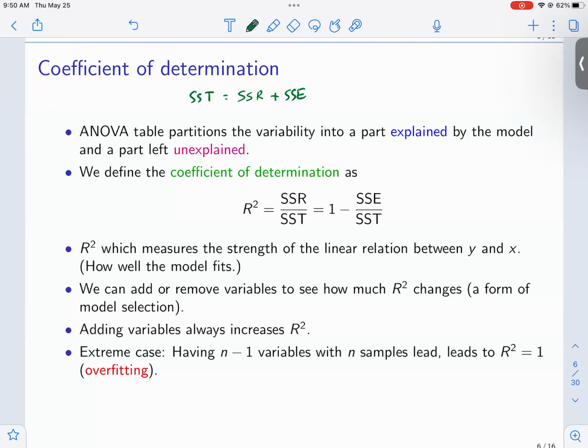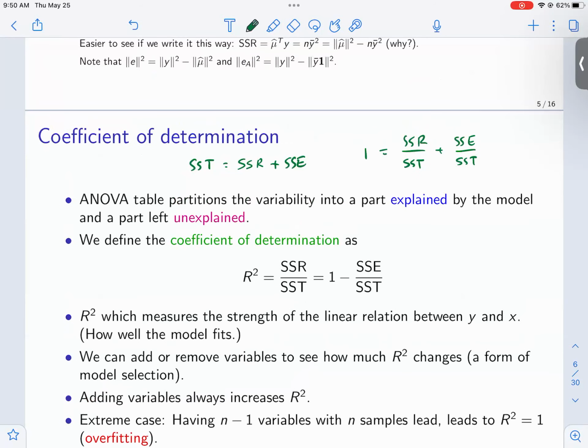If we divide both sides by SST, I get 1 is equal to SSR divided by SST plus SSE divided by SST. So this is like a normalized version. Everything is non-negative.